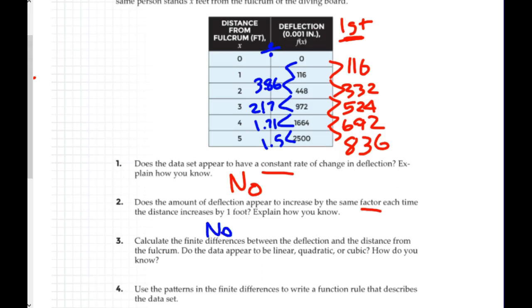So we found the first difference. It's not linear. Find the next difference. 216, 192, 168.